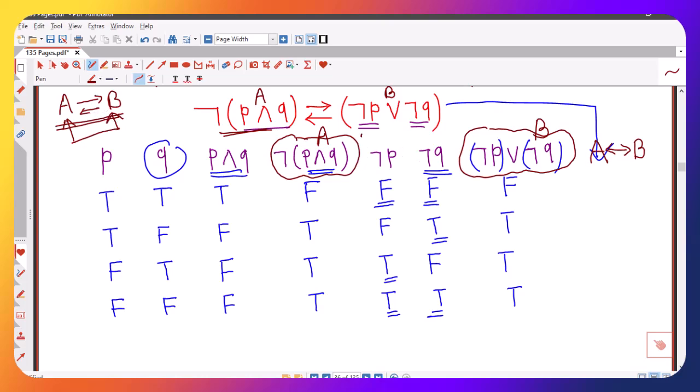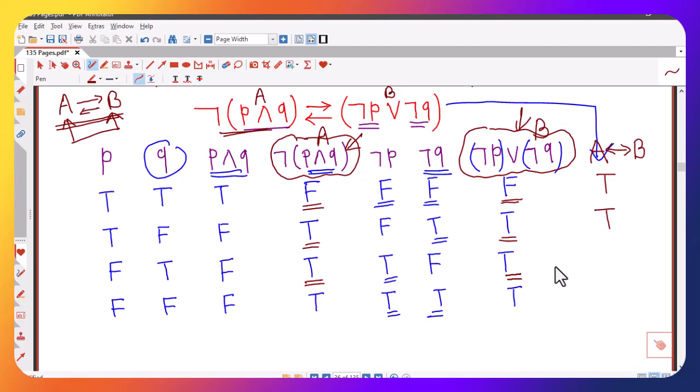So for the columns of A and B, we will search the possibilities for identical truth values. So we can see here these two have identical truth values, therefore this is true. Here also we have the same truth values, therefore the biconditional is true.